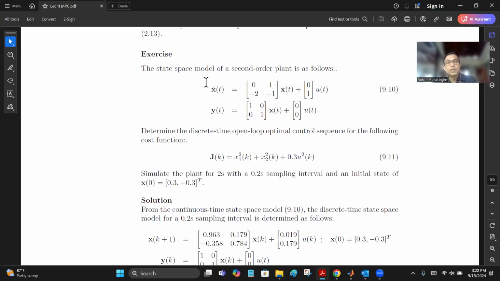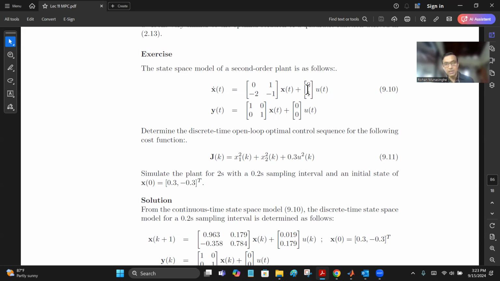All right. So let's take this system x dot t, a continuous time state space model, Ax plus Bu. Now, if you go to MATLAB and give this to MATLAB and ask it to give you the discrete state space model, it'll do that, for a given sampling interval.